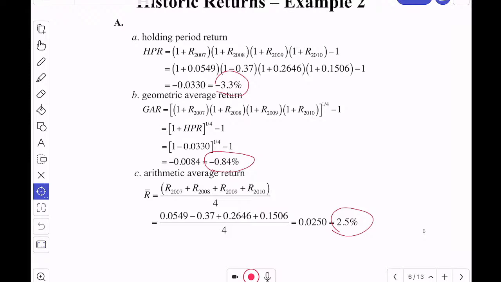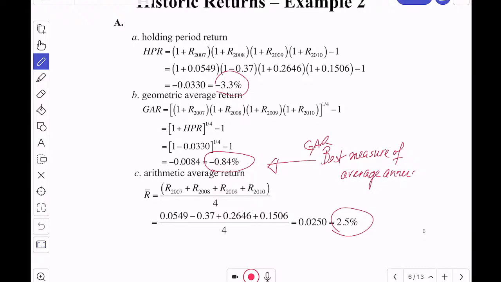So the conclusion here is that the GAR is the best measure of average annual return over the period.